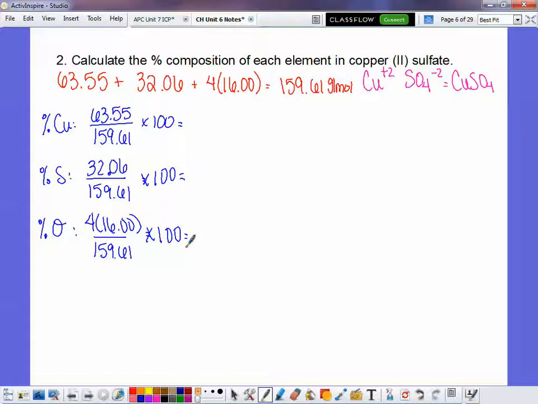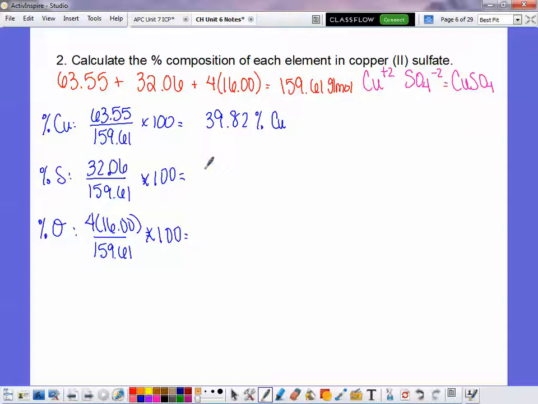All right, how many decimal places are we going to take our percentages to? 2. Round your percentages off to 2 decimal places for each one. Okay? So as you're doing the math, what did you guys get as your percentage for copper? 39.82, and the unit is percent copper.